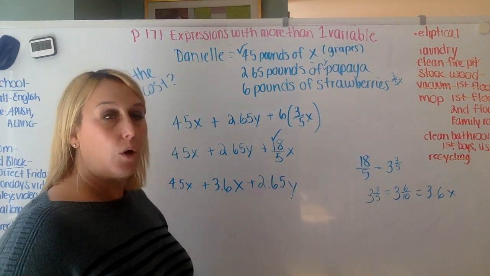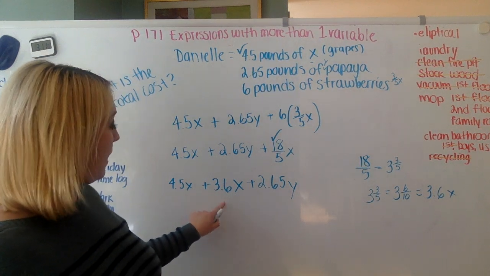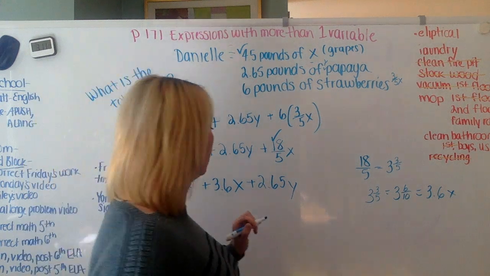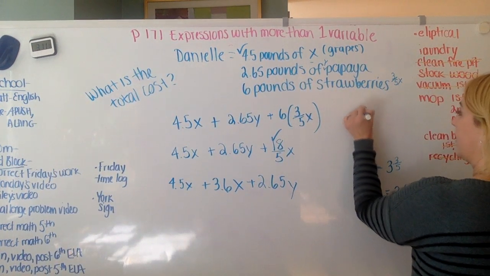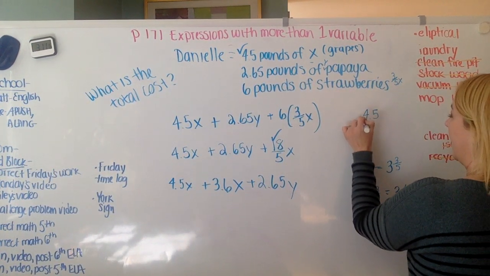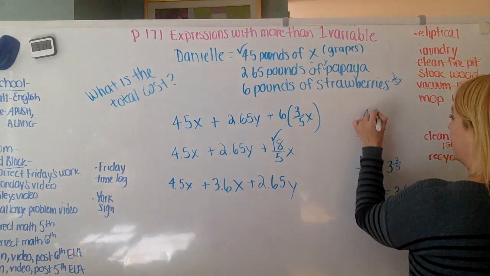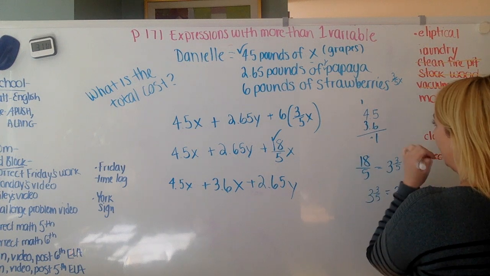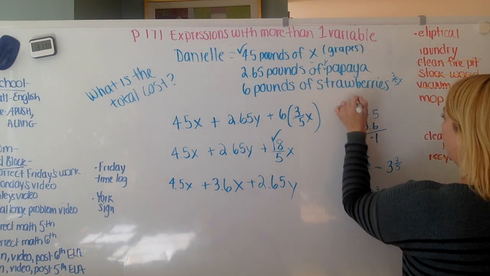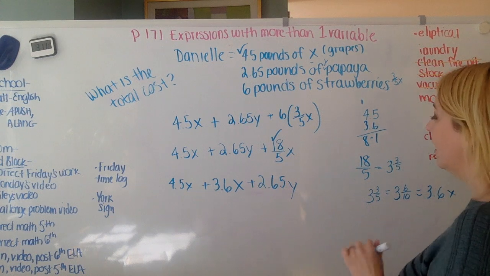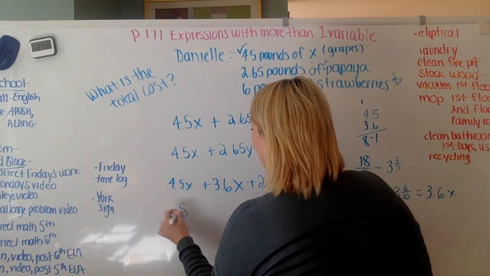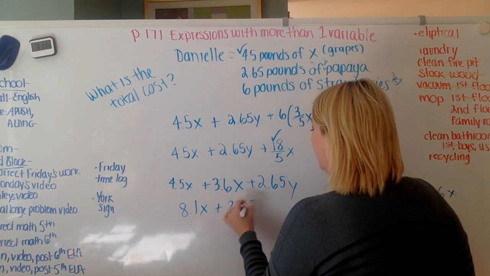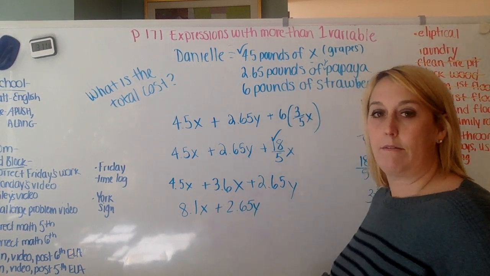2.65y. So I can combine 4.5x and 3.6x, and if I do that, because I always do my work on the side just so I don't make a mistake, 4.5 plus 3.6, put my decimal, 6 plus 5 is 11, put 1, carry 1, 4 plus 3 is 7, plus 1 is 8, all right, 8.1x plus 2.65y.